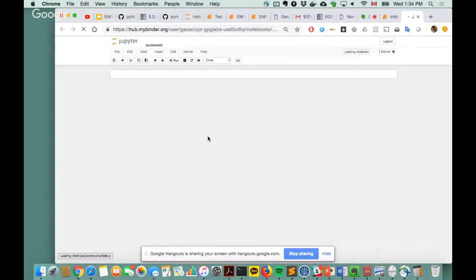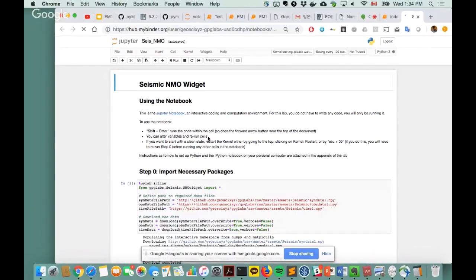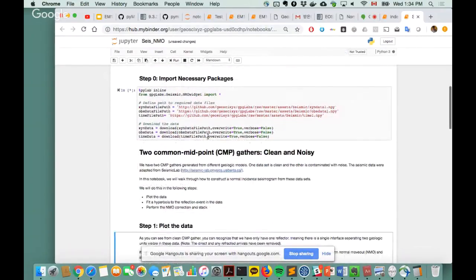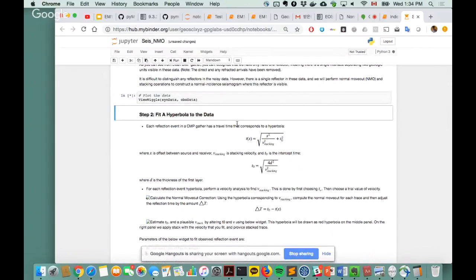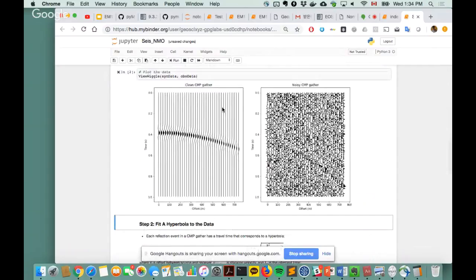It's called Seismology. Yeah, so that's how a CMP gather looks.